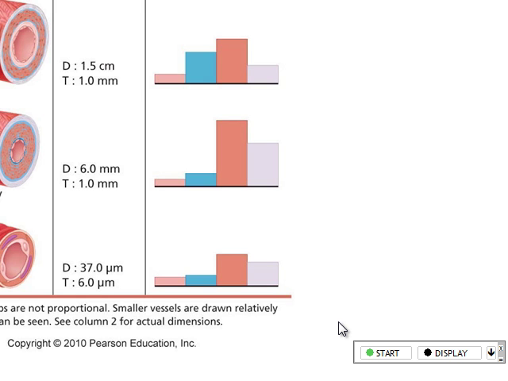Love the diagrams. Look and see how everything works together. In an elastic artery, which is closest to who? The heart. Why do you think elastic artery is closest to the heart? That's where I'm getting the push. That's where I have to be able to stretch the most and compensate the most.